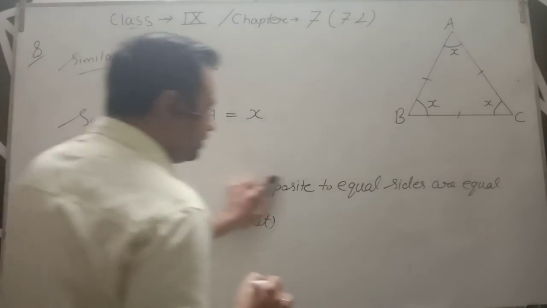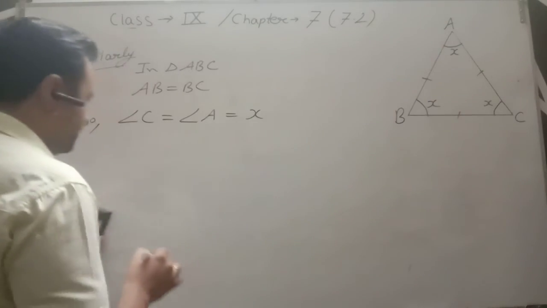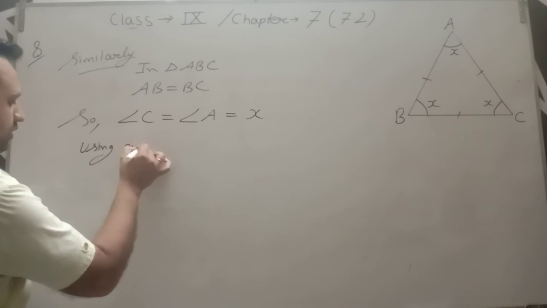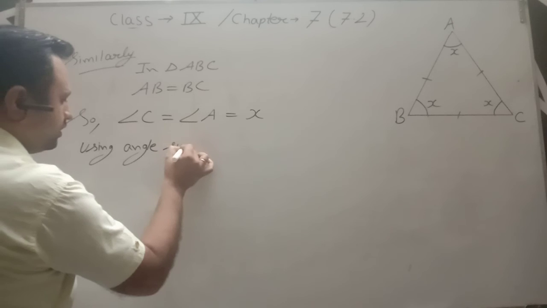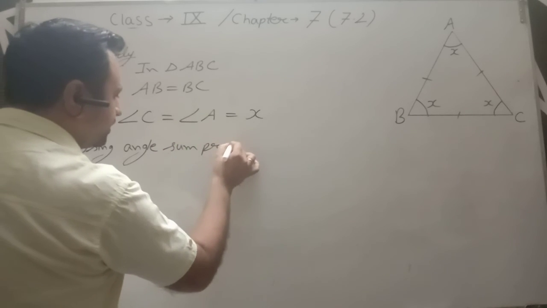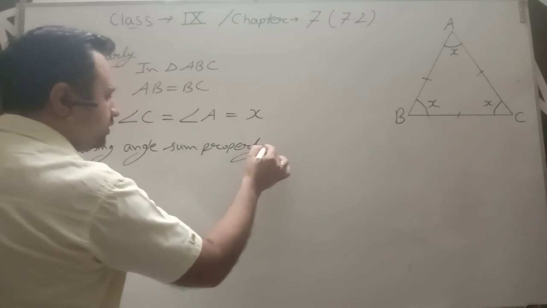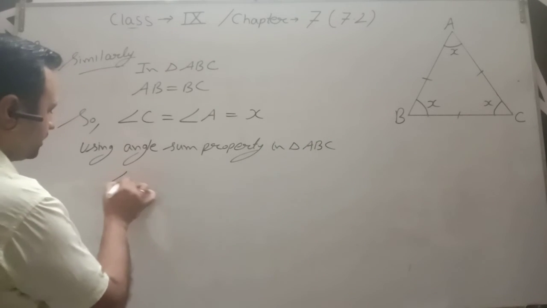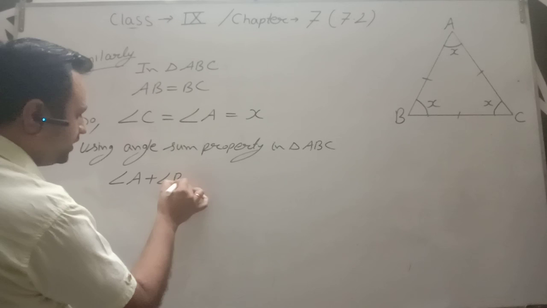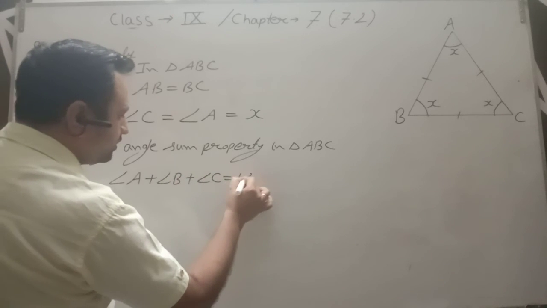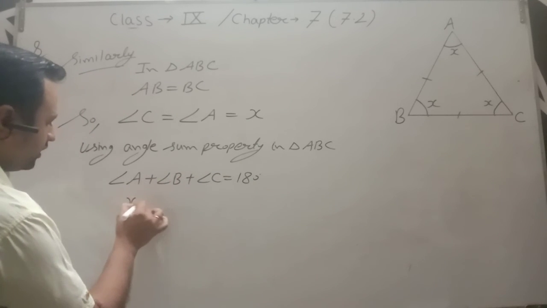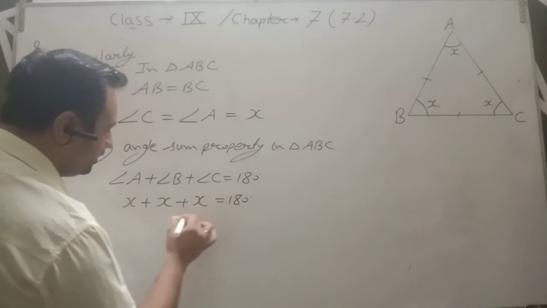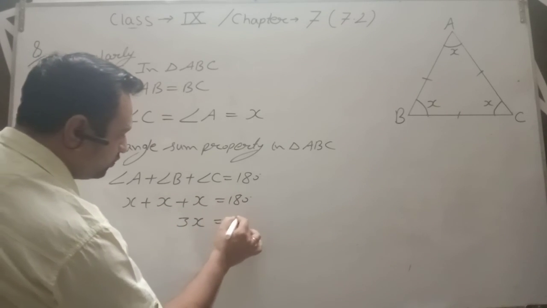Now finally, using the angle sum property in triangle ABC, angle A plus angle B plus angle C is 180 degrees. x plus x plus x is equal to 180 degrees. 3x is equal to 180 degrees.